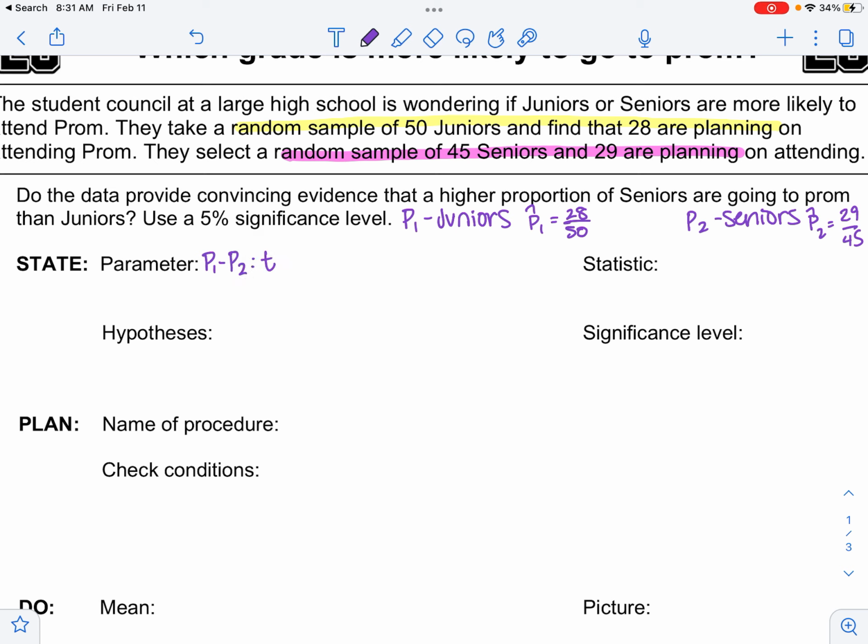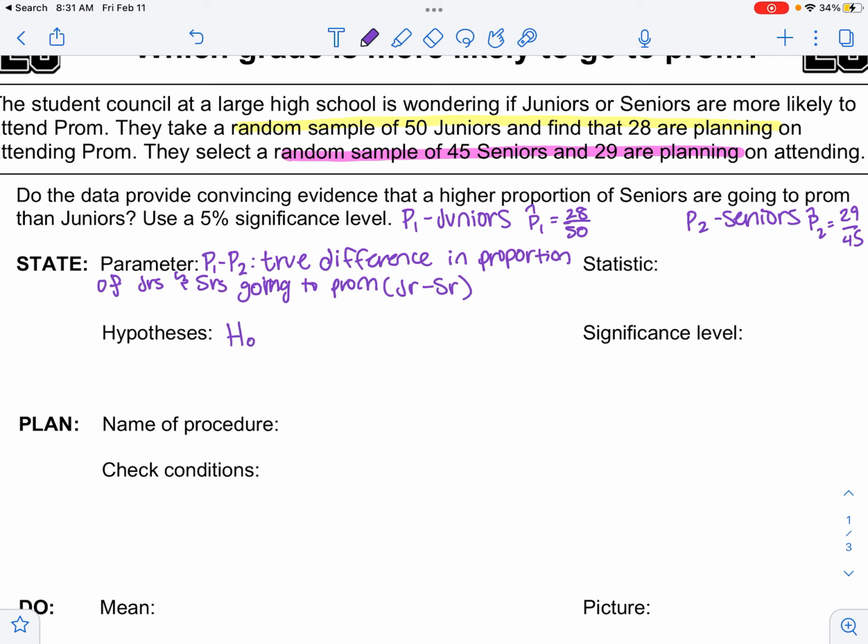And this is the true difference in proportion of juniors and seniors going to prom or planning to go to prom. Again, juniors minus seniors.